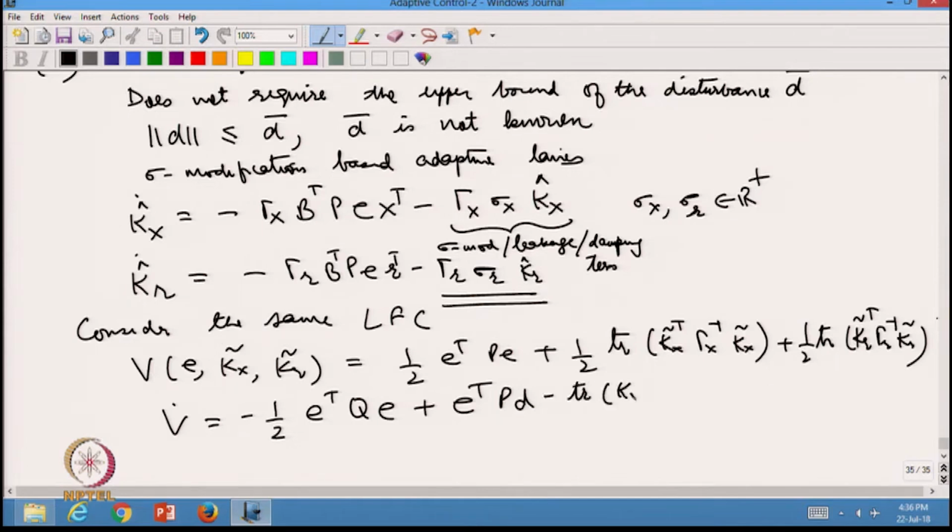and then we have a minus trace of k x tilde transpose gamma x inverse, and then we use the adaptive laws that we have mentioned here. So, say minus gamma x B transpose P E x transpose minus gamma x sigma x k x hat.